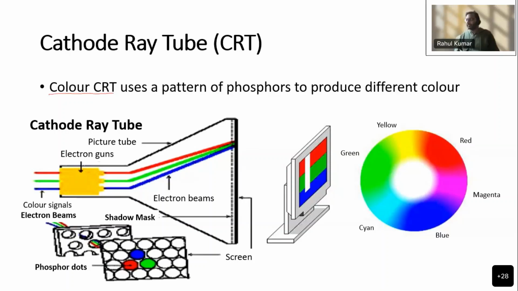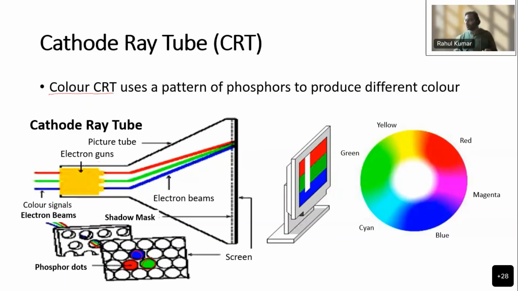In a CRT, basically we use three different phosphor materials, which produce the red, the green and the blue, which are the fundamental colors of light. Okay, and depending on the intensity of the electron beam, different colors can be produced, right?